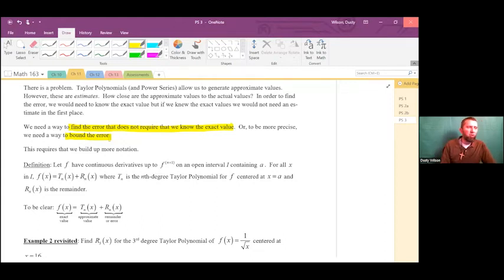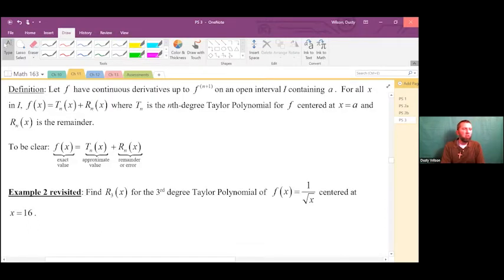In order to find this, we're going to need to build up a little bit more notation. So this next definition helps me understand what the remainder is in the context of a Taylor polynomial. Definition: let f have continuous derivatives up to the n+1th derivative on an open interval I containing a.